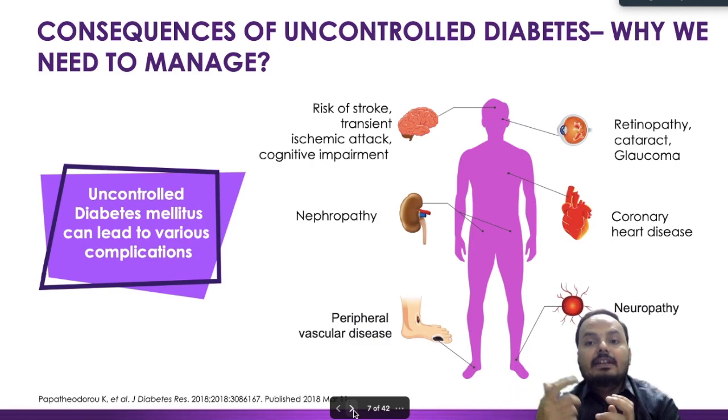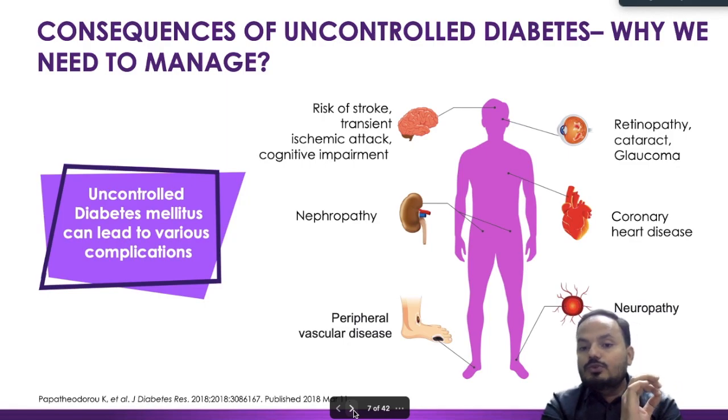Next is retinopathy, where a patient who wears specs will complain that they need to change the power of the specs very frequently. That's the common complaint we see with retinopathy. There is also blurring of vision. Next is nephropathy.